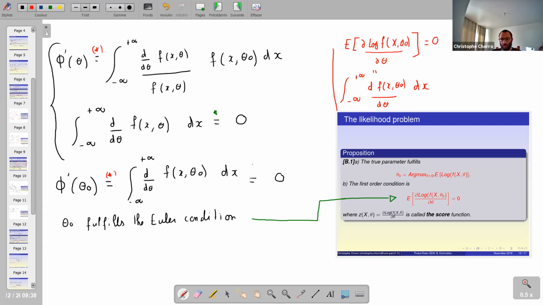So theta 0 fulfills my first order condition, that is the Euler condition.